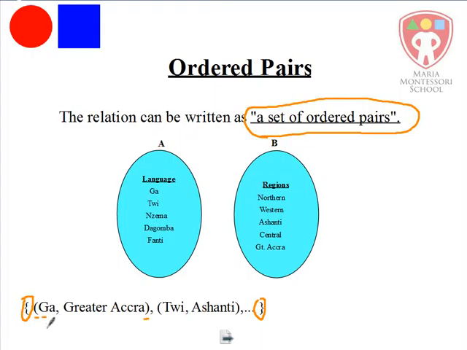So Ga goes with Greater Accra, Twi with the Ashanti region. So what we would like you to do, pause the video and complete the ordered pairs. Remember our set notation, a curly bracket, and the ordered pairs are in a normal bracket separated by a comma. Pause this video until you have completed that exercise.